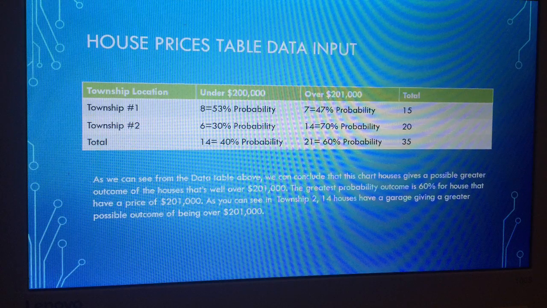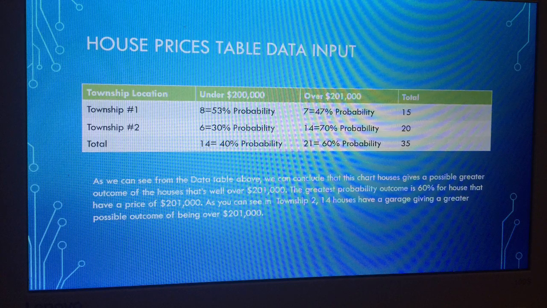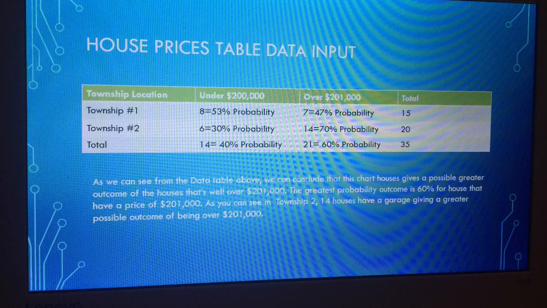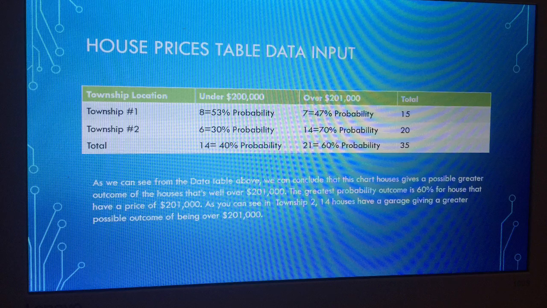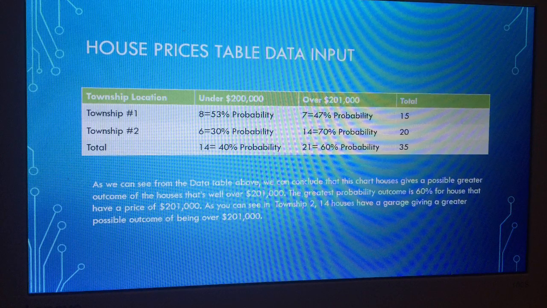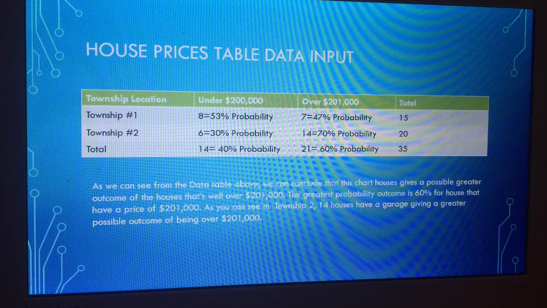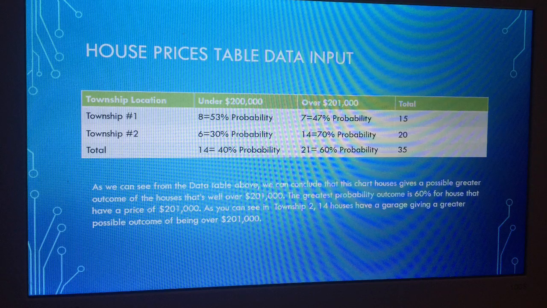And so here we have the house price table data set. As we can see from the table above, this chart gives us a greater outcome for houses that are well over 201,000. That's the greatest probability outcome, 60%, as you can see on the table below. That 60% is roughly 60% of the data from townships 1 and 2 combined.